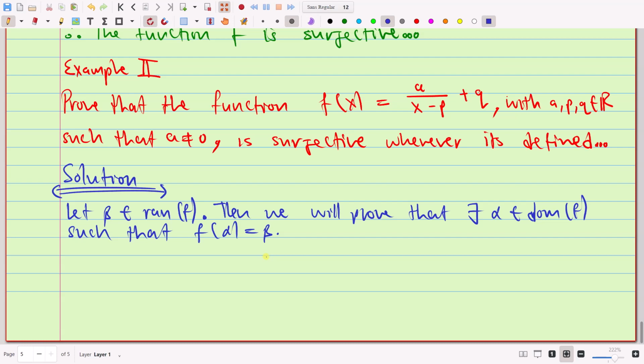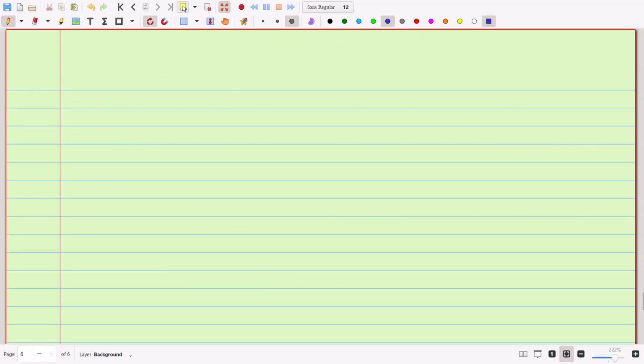So how can we define the alpha in this case? I will define alpha as follows. Let's define alpha to be beta minus q over a, then we add plus p inside of it. Now what is f of alpha?